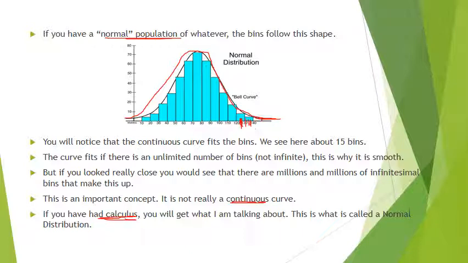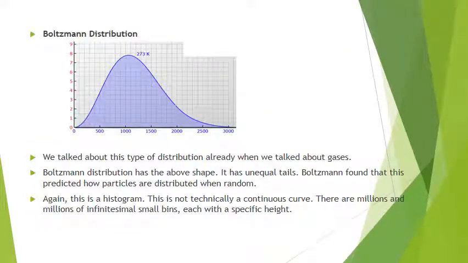If I were to write the actual equation for this, you would see that it'd be a derivative and so forth. But that doesn't matter. What matters is that there are distinct boxes, but the boxes are infinitely small in their width.